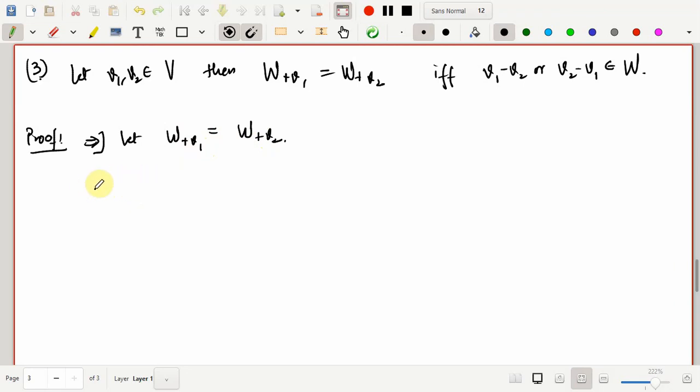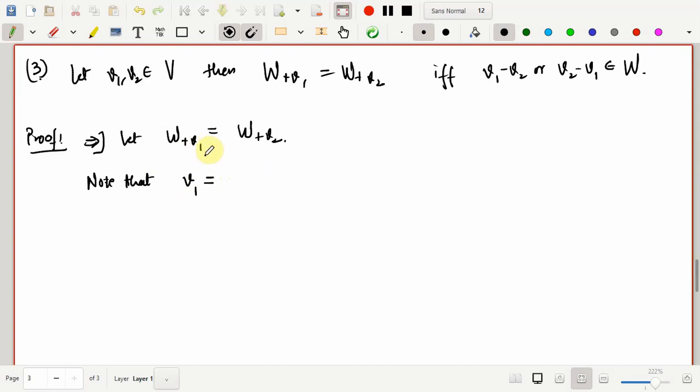So if I start with V1, then this V1 is a point in W plus V1 also, because W is varying. So if I can write down this V1 as some vector in W plus V1, then we are done.